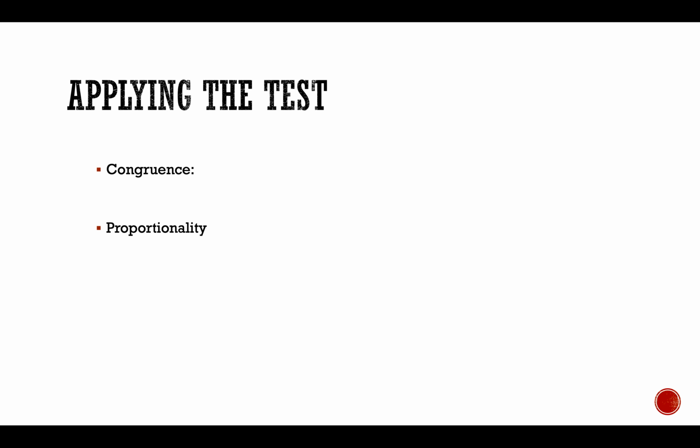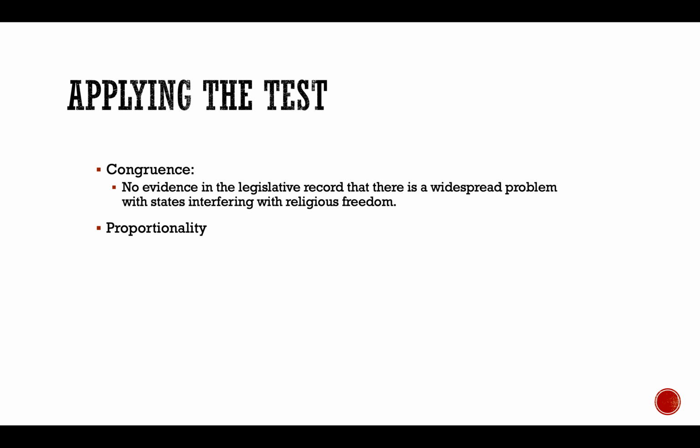So the congruence and proportionality then, here no evidence in the legislative record that there is such a widespread problem of states interfering with religious freedom. Even if there was a problem, the statute, according to Justice Kennedy, is sweepingly broad and undifferentiated. Again, it applies to every single thing that a state could possibly do.